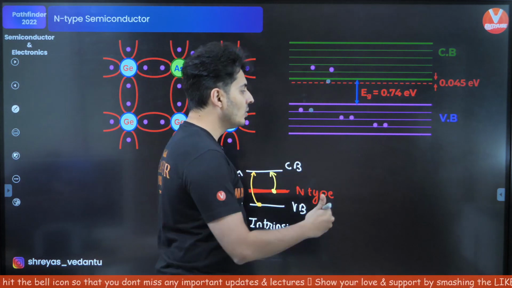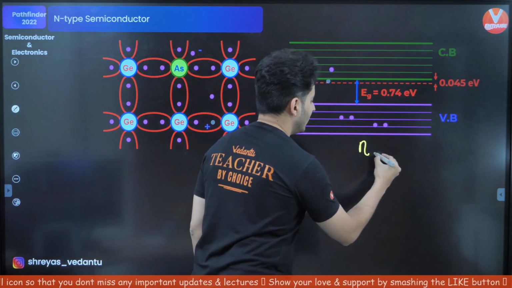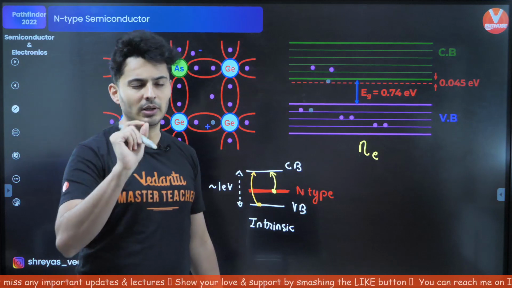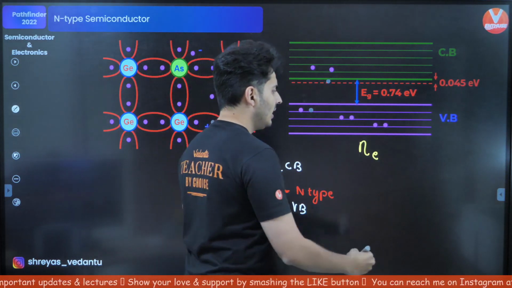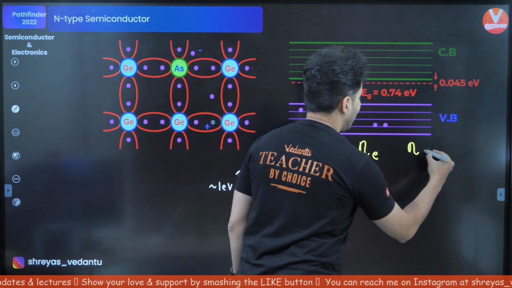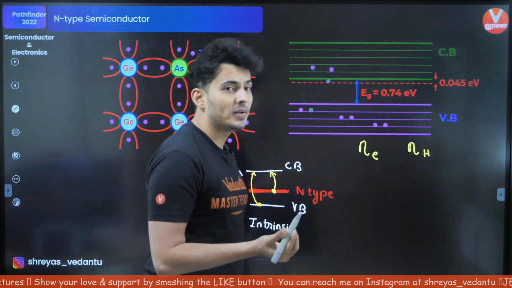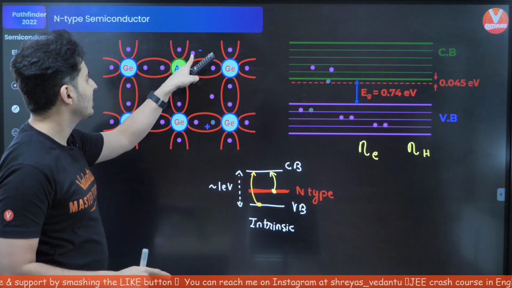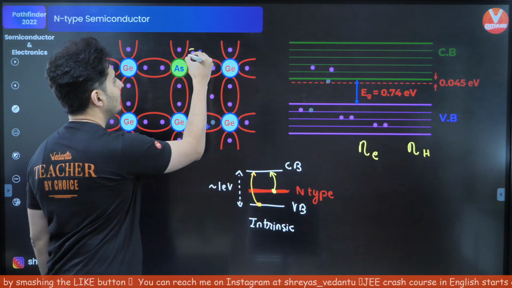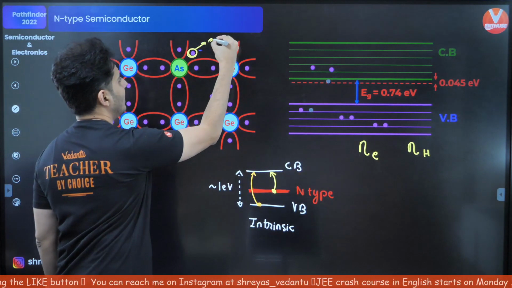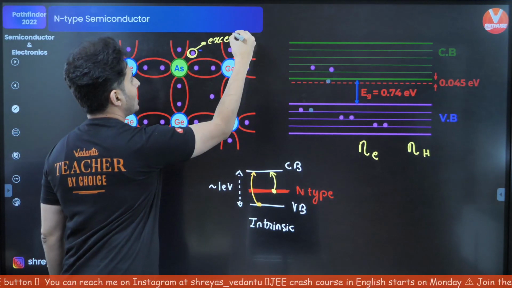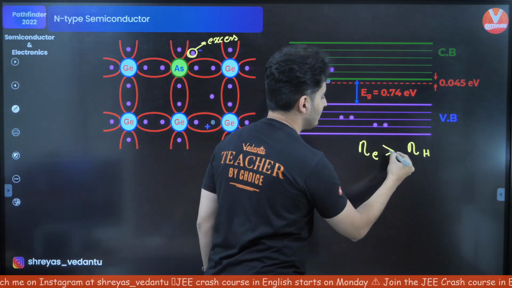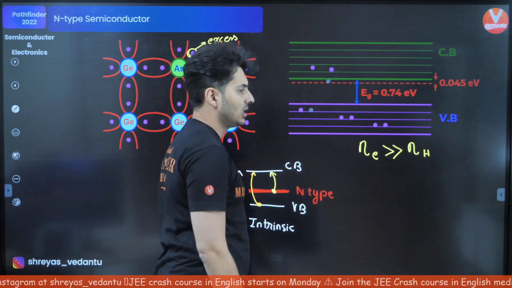If I tell you a number Ne, which is the electron concentration per unit volume, and another number NH, which is the hole concentration per unit volume, because of those excess electrons, the electron concentration is much higher than the hole concentration.